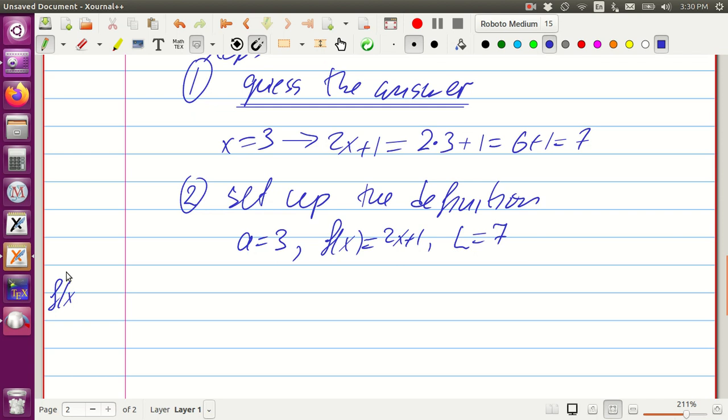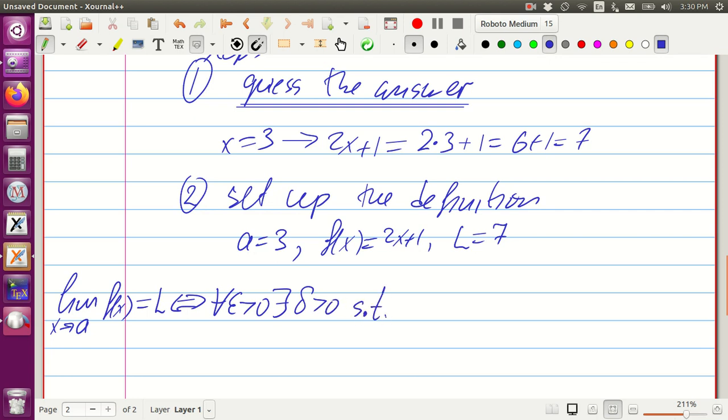We say that the limit of f of x when x approaches a is equal to L if and only if for any epsilon greater than 0 there exists a delta greater than 0 such that, that's a short way to write such that, as soon as 0 is less than absolute value of x minus a less than delta would imply that f of x is really close to L.